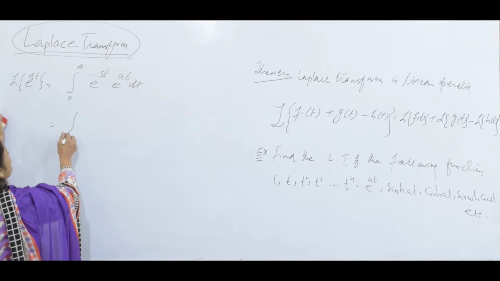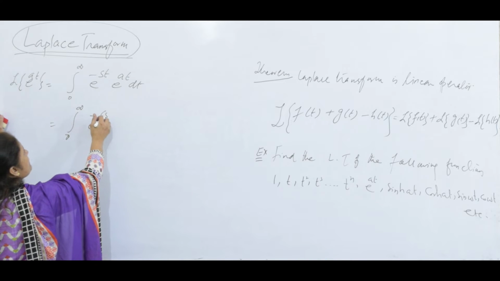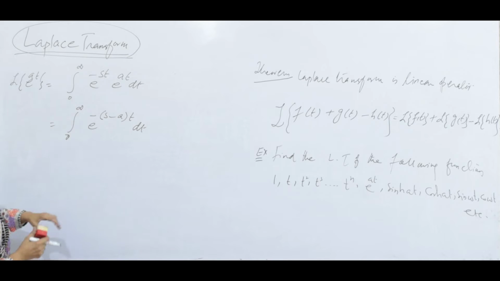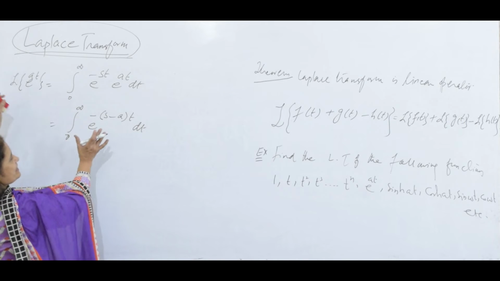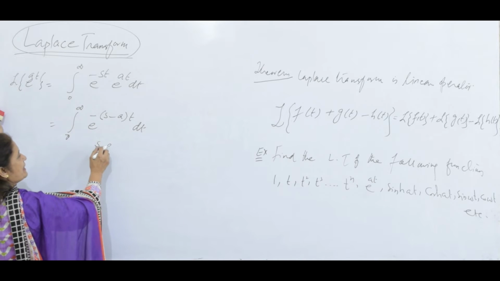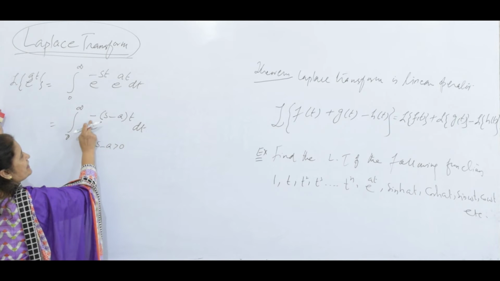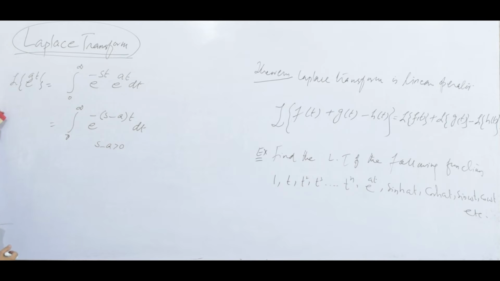Let me take the minus outside: e^(-(s-a)t) dt. I have taken the minus common. This integral converges if s minus a is greater than 0, because then this negative exponential will converge over the interval 0 to infinity.